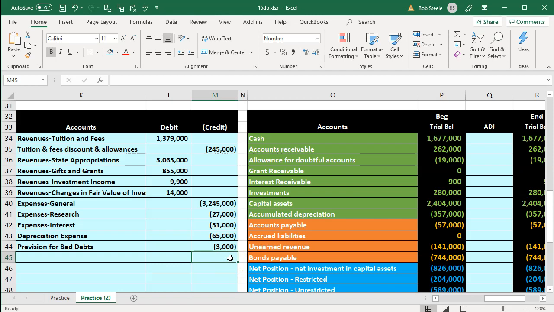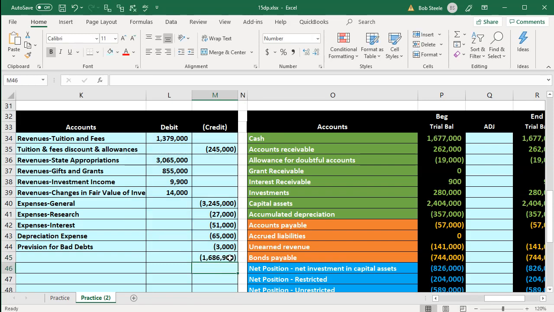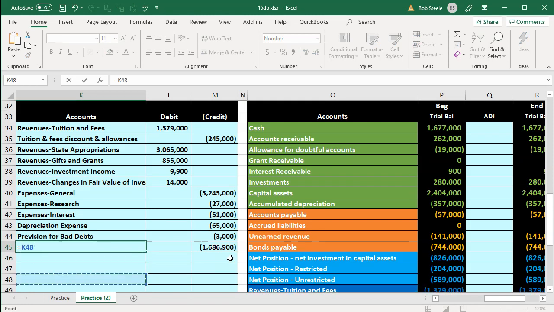We're going to be in the credit side. We're going to use our trusty plug formula, that being the negative sum. So we're going to say negative SUM brackets, and then we're going to select these accounts. There's our plug. We're going to call that net position. So this is going to be equal to the net position unrestricted.